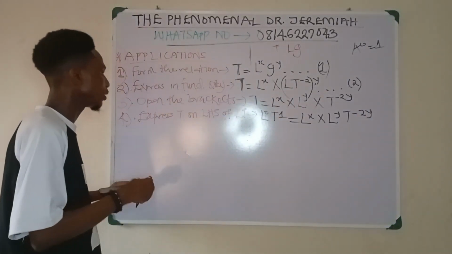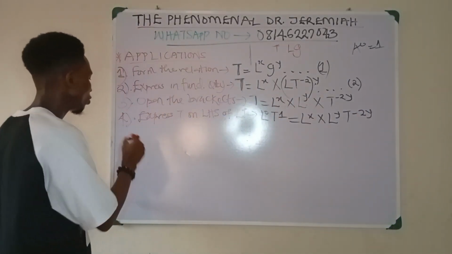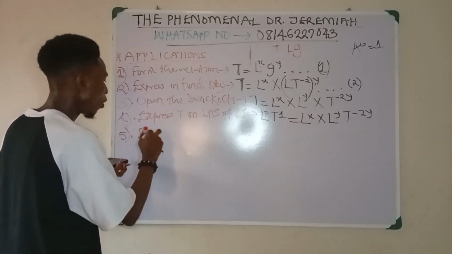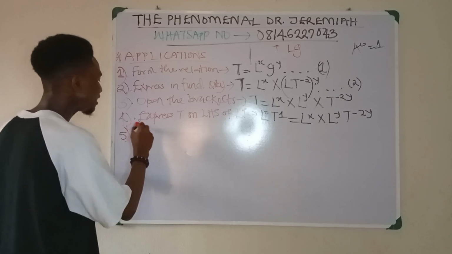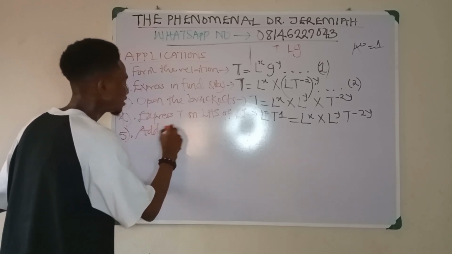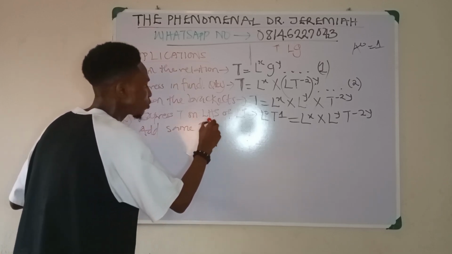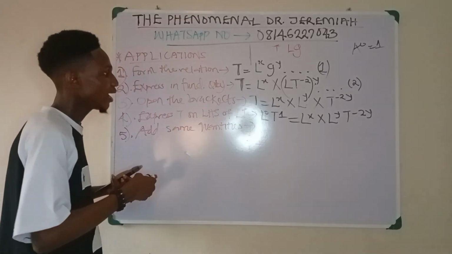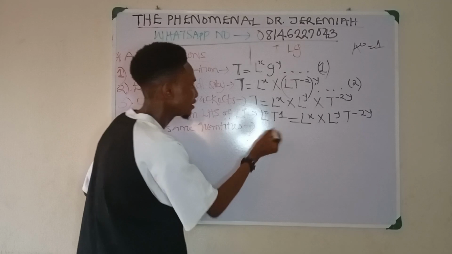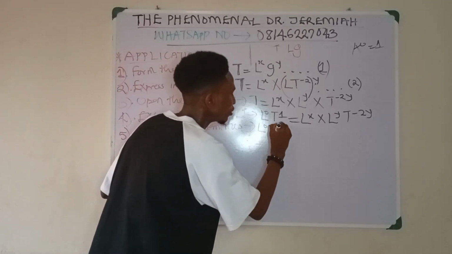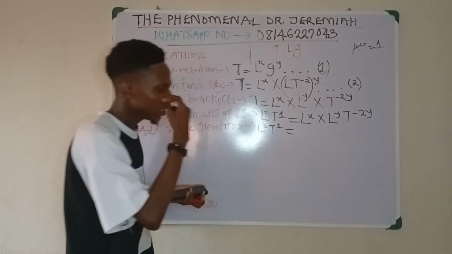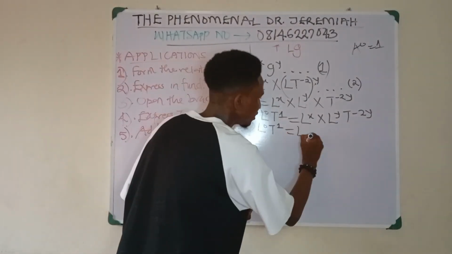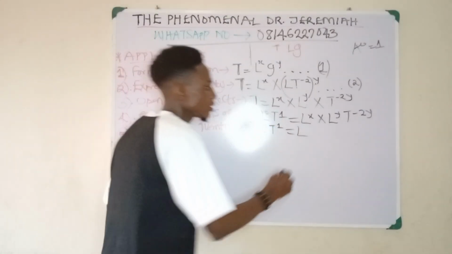Now what's the next step quickly? The next step, number 5, is to add same quantities on the same side. Here we only have L and T, so we're not adding anything: L0, T1. Then we have 2 Ls here. We have to bring the 2 of them together and add their indices. When you have times, it means plus.